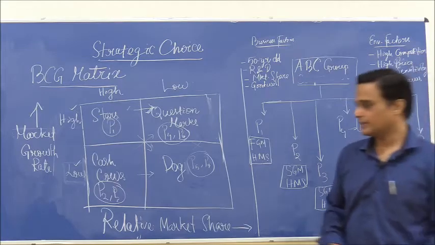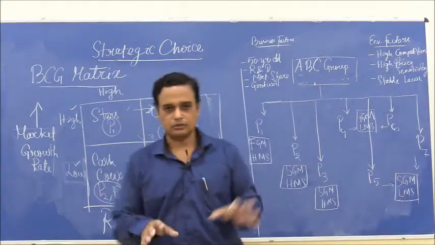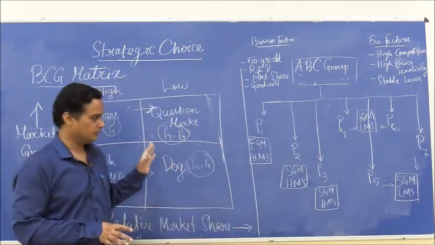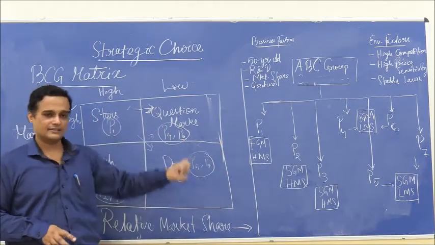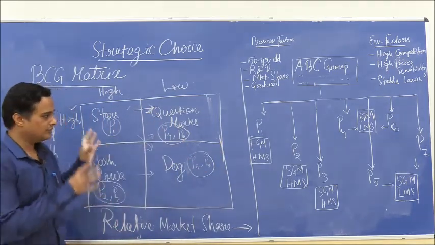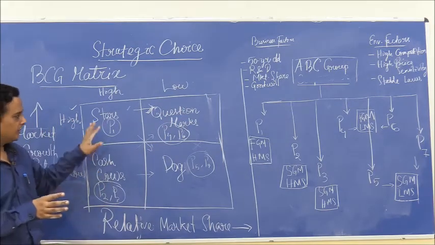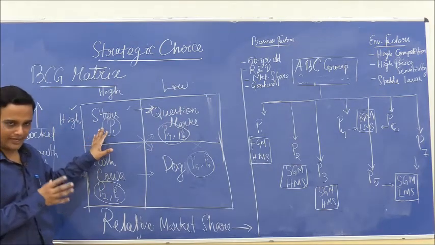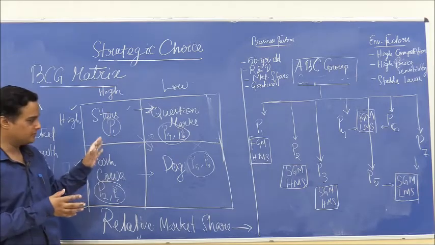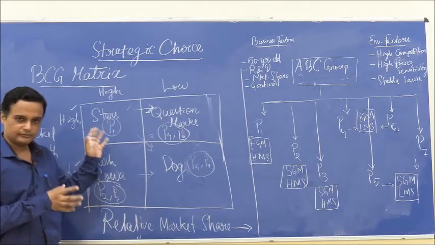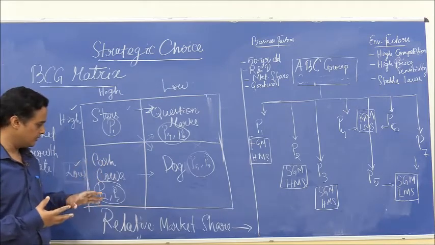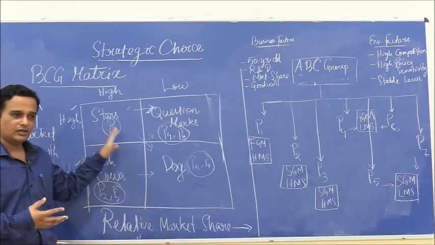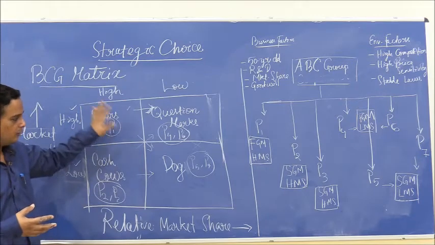Now, what does this analysis yield? We have understood how to address the nomenclature of this matrix, how to categorize these SBUs. Now, once you have decided that one of your product lines is a high performing category or SBU, then the organization might want to encash upon its growth rate.